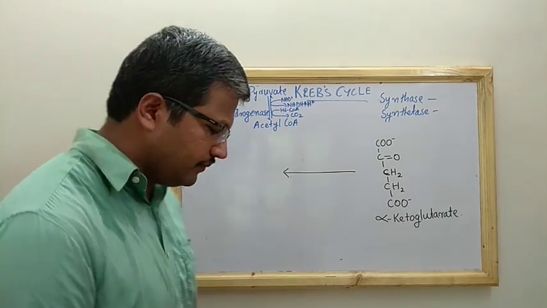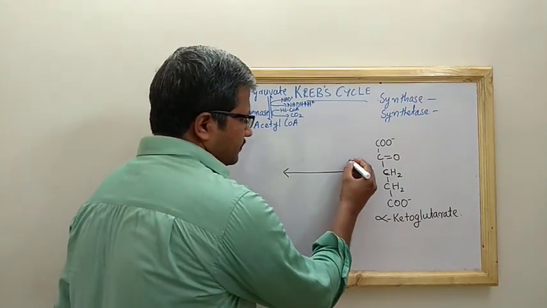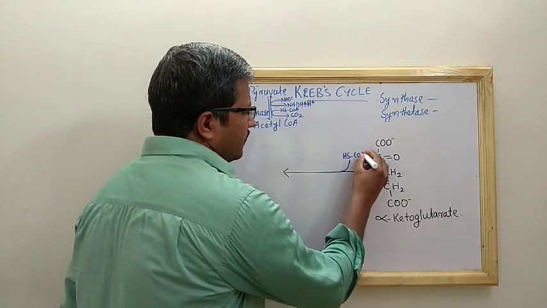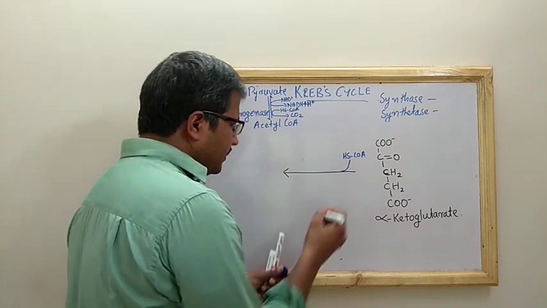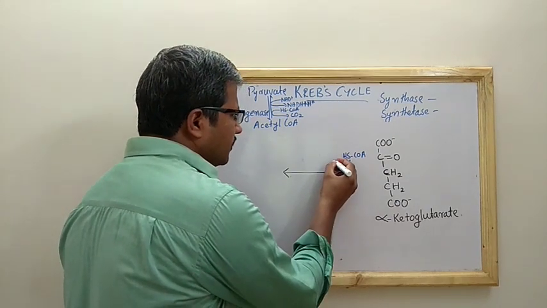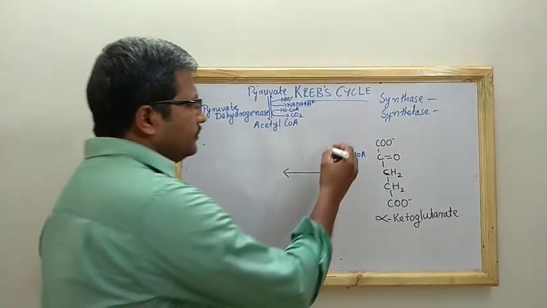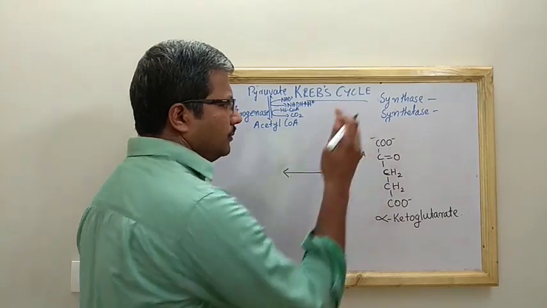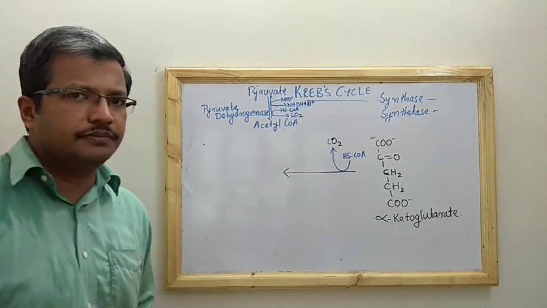Okay, so let us see what is happening. So HSCoA will be coming. Coenzyme A is coming, and this coenzyme A will be removing this particular carbon dioxide. So this carbon dioxide is removed now. Now this sulfur will be added there.